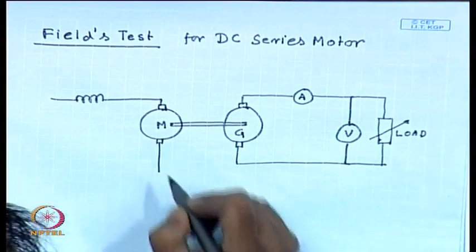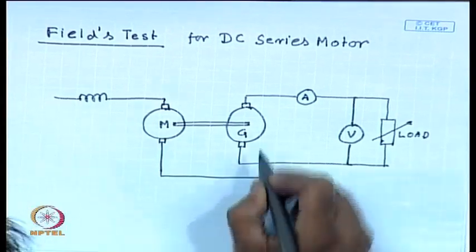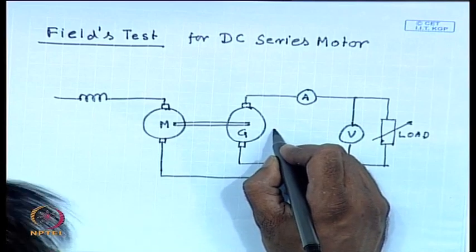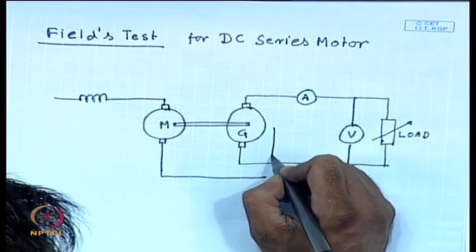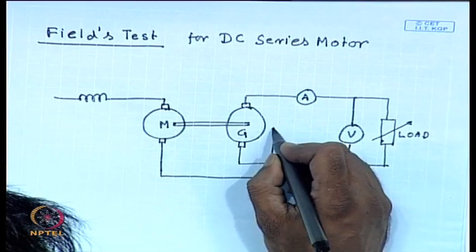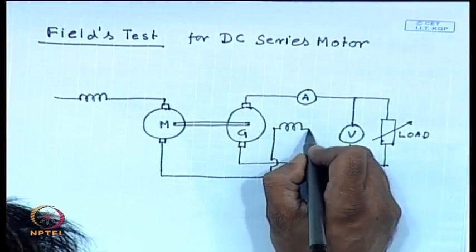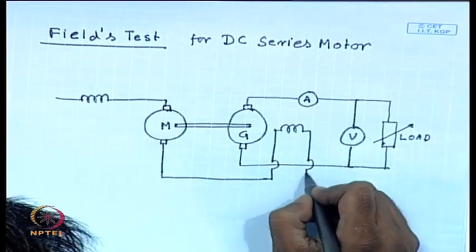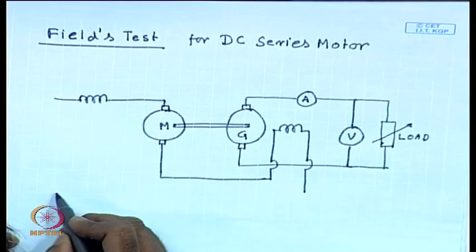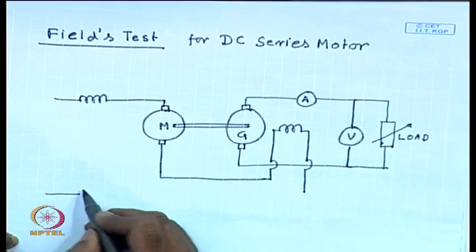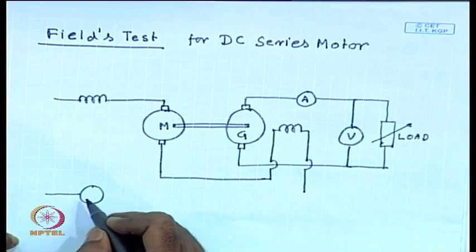The motor field winding and the generator field winding are connected in series, and both in series with the motor armature.